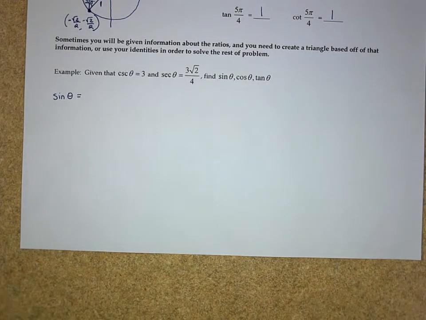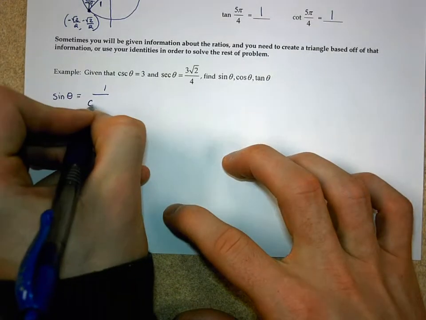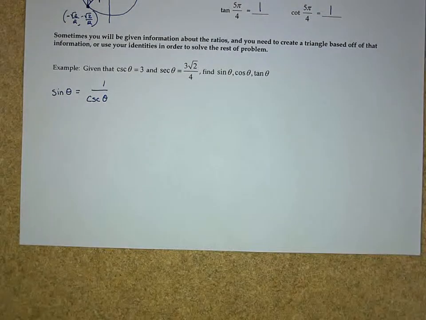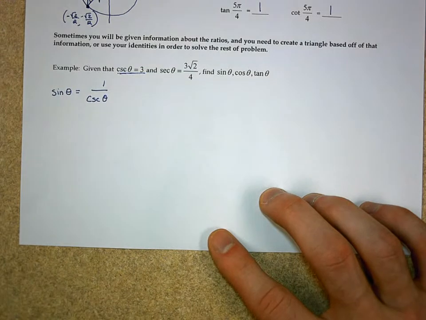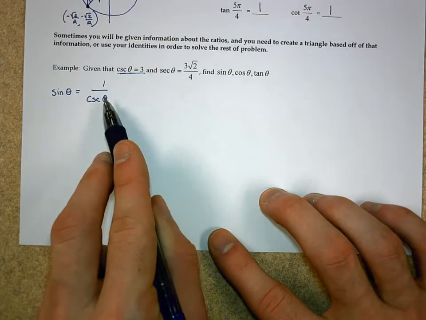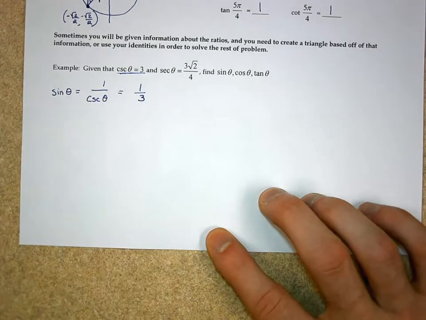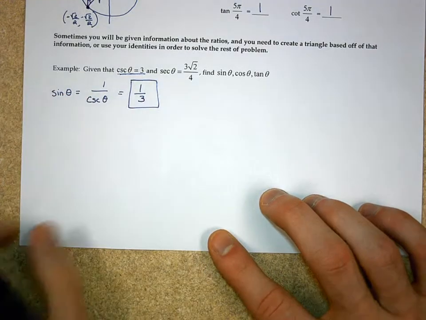And the relationship that you see there is sine is the same thing as 1 over the cosecant of theta. And I can see right here, I know the cosecant of theta is equal to 3. So I'm going to replace cosecant of theta with a 3. So I end up with the sine of theta being 1/3.